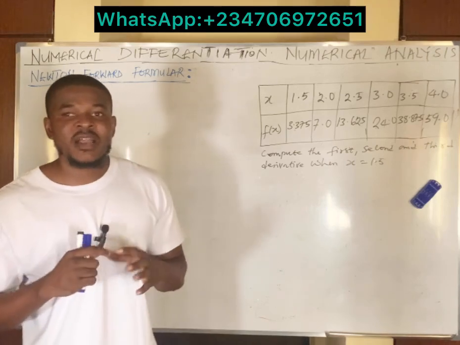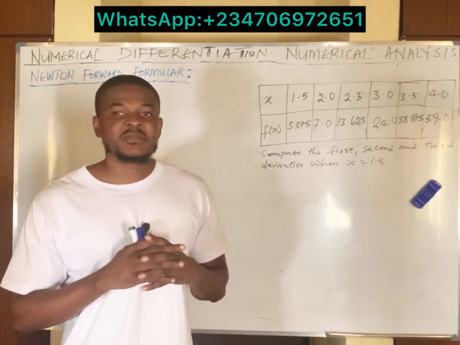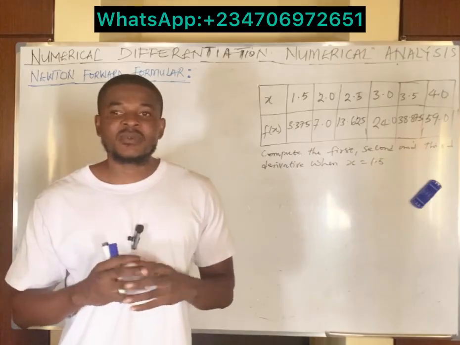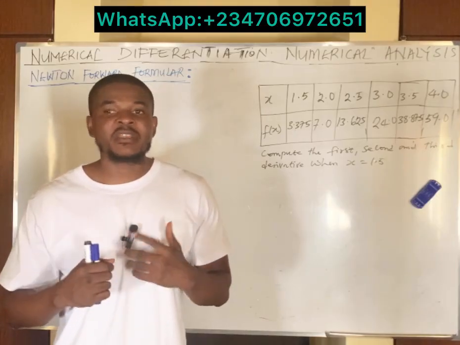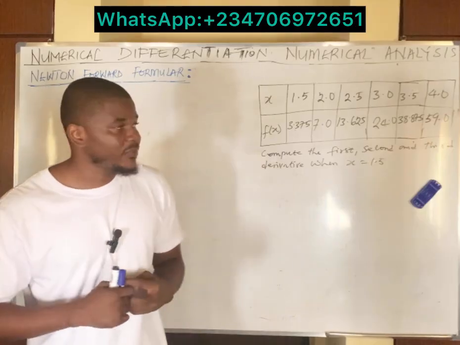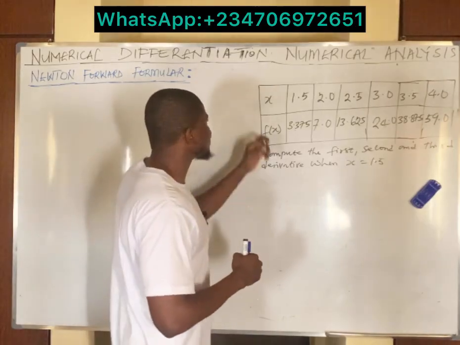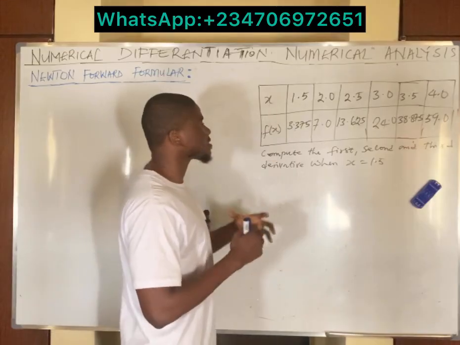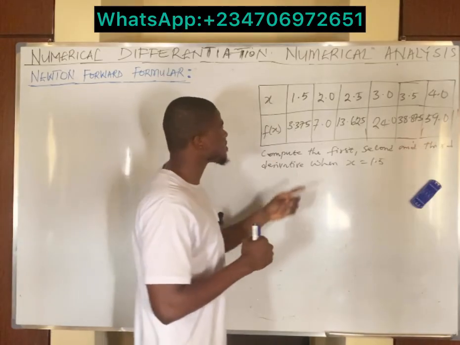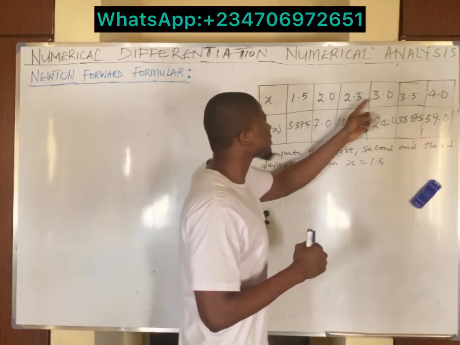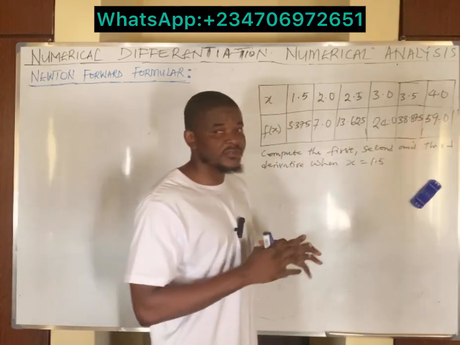So in the first video, I explained the difference between the forward table, the central table, and the backward table when given a particular value of x. Now, if you take a look at this table, excluding the columns that contain x and y, let's consider the table of real values. We simply have 6 rows here containing real values, right?